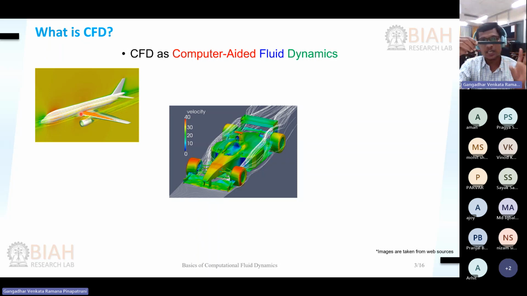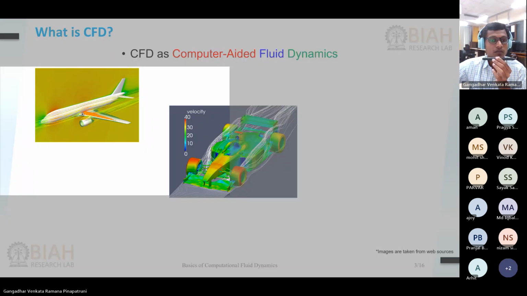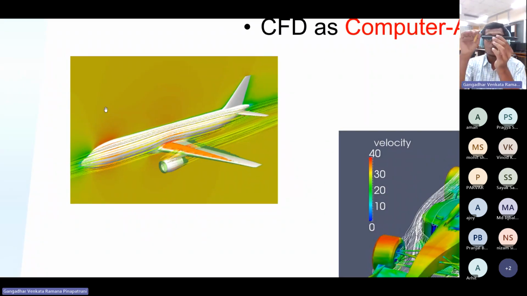To better understand that, we need to analyze the complete structure over the aeroplane, like the way we are seeing here in this picture. I hope you are all seeing this picture. So I need to understand the complete structure of the fluid all over the aeroplane, right? Why do I need to understand? You are getting some force, but what are the root causes of the force?